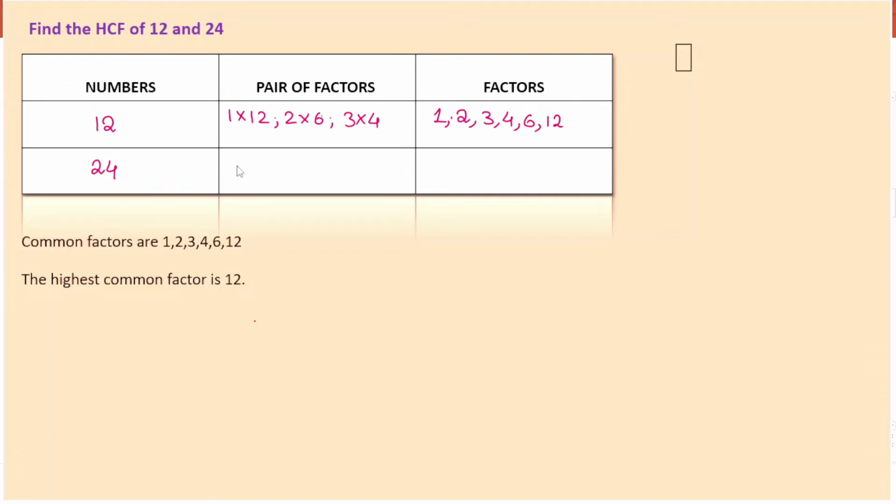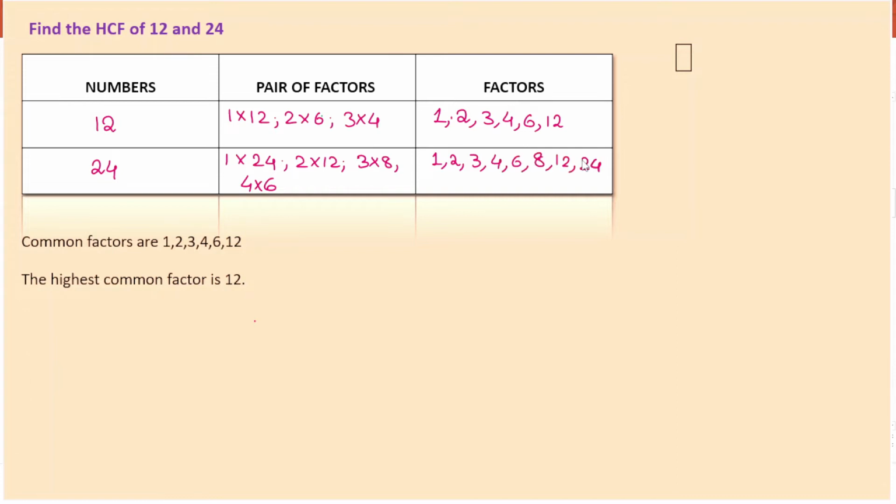Pairs of factors for 24: 1 into 24, 2 into 12, 3 into 8, 4 into 6. So the factors of 24 are 1, 2, 3, 4, 6, 8, 12 and 24.